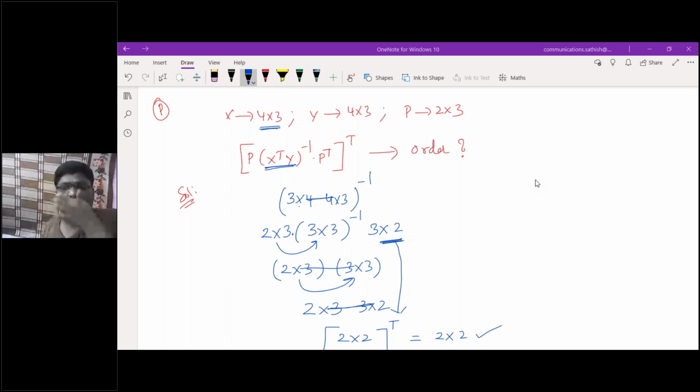No. If you are doing inverse, it does not change the order. Inverse is applicable for square matrix only. Okay, sir. Inverse doesn't affect the matrix order. Right? Is it clear?